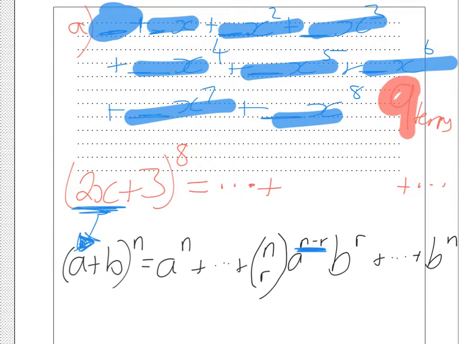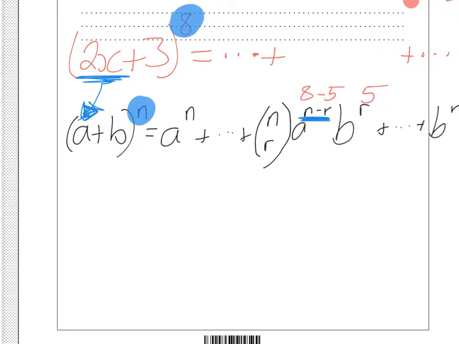And understanding that our n must be 8, which means in this case, if n is going to be 8, r needs to be 5 to give us our x cubed term. So, substituting that in, we get n choose r, 8 choose 5, although 8 choose 3 would work as well. Same thing. 8 choose 5 and 8 choose 3 are the same thing.